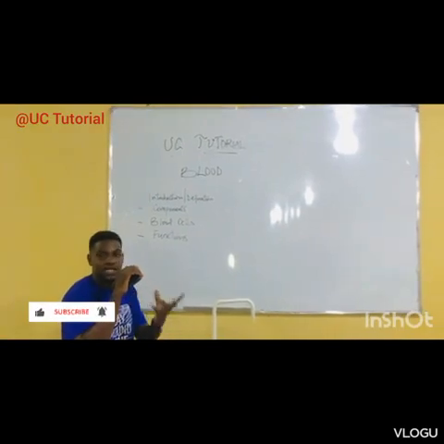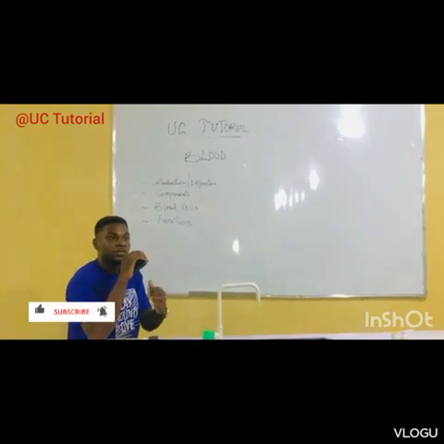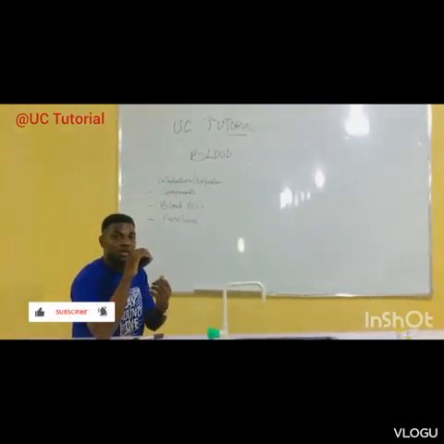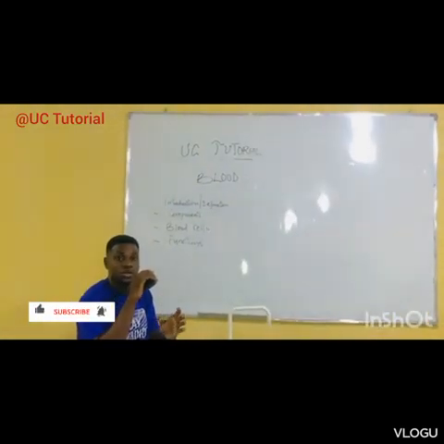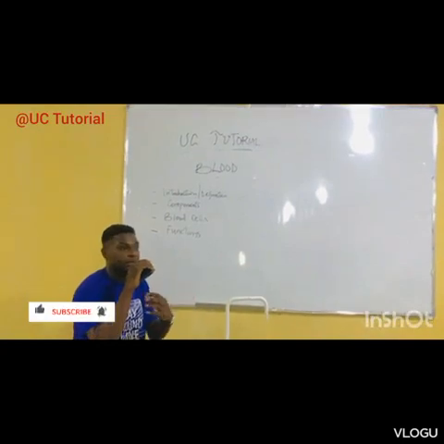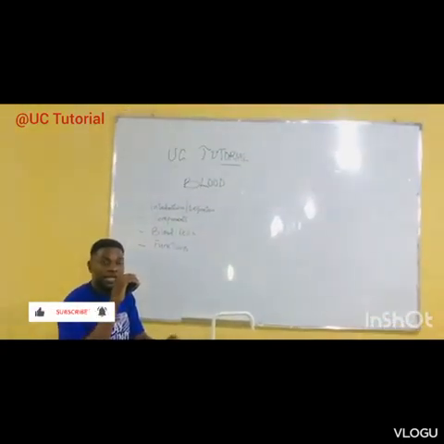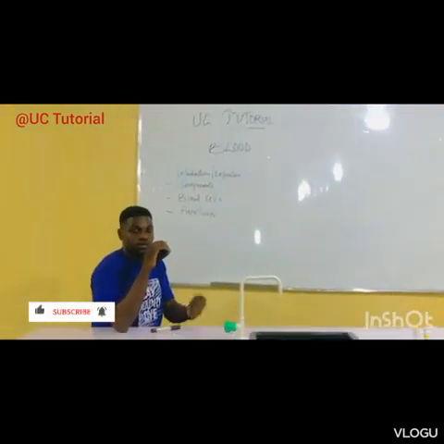The plasma proteins I'm talking about are the albumin, the fibrinogen, and the globulins. Apart from that, the plasma contains waste products, like the urea, the uric acid, and so forth. The plasma also contains nutrients.